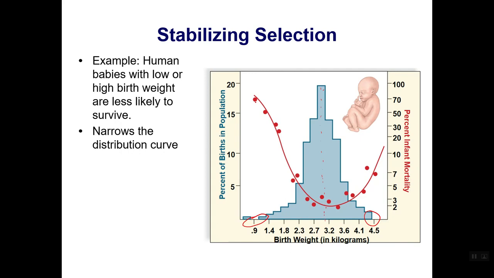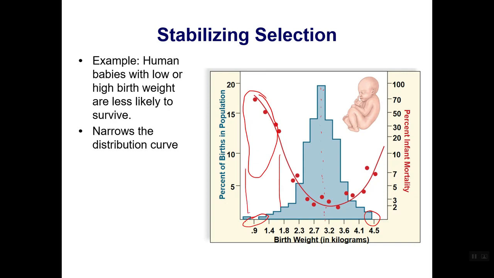Now, I want us to take a look at this red line here. This red line represents the percent of infant mortality for each weight. So we can see we have a really high infant mortality, which is infant death, in this area that coincides with these weights.